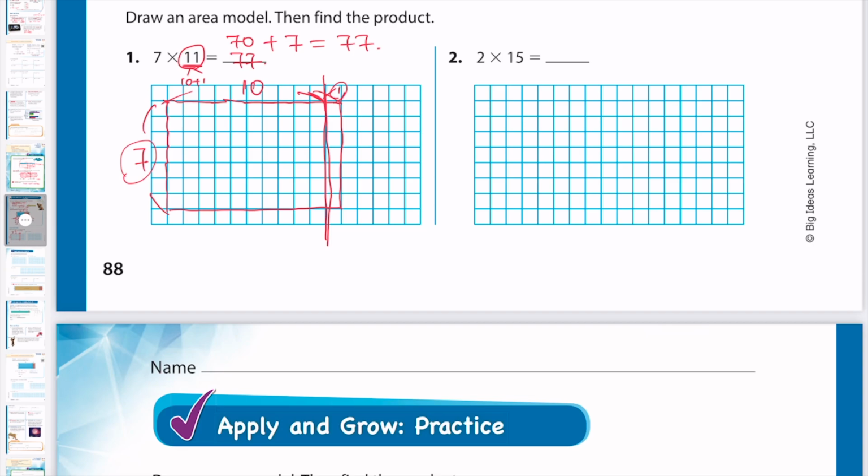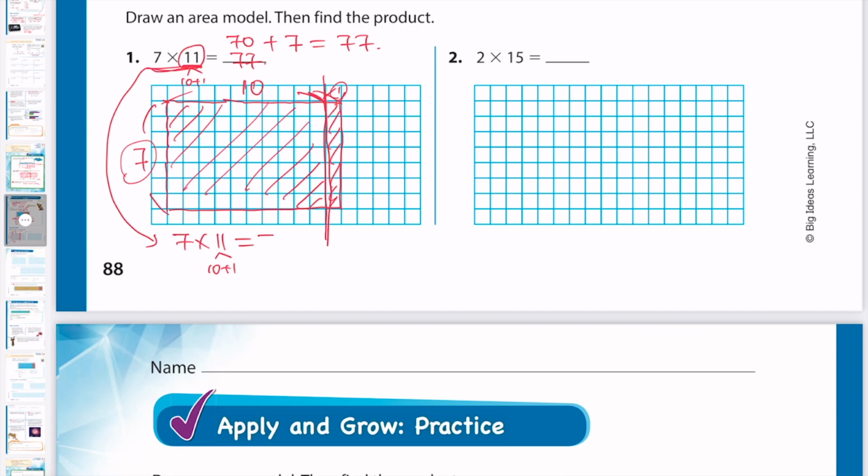But I'm going to go step by step again. This was just a model, right? 70 and 77. But I'm going to go step by step. Please take a look again. I'm going to use this bottom part. Listen. 7 times 11 is equal to what? I'm going to break this apart into 10 plus 1.